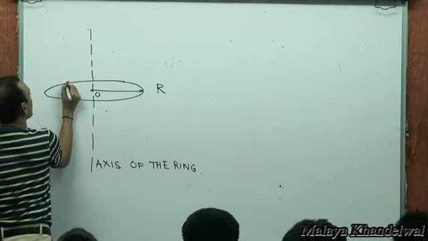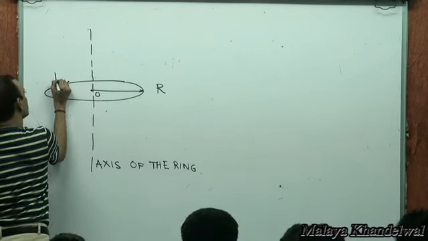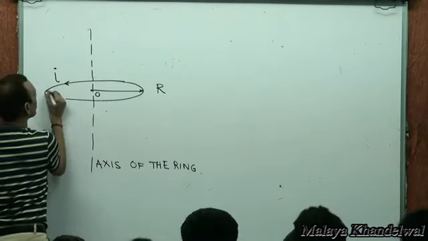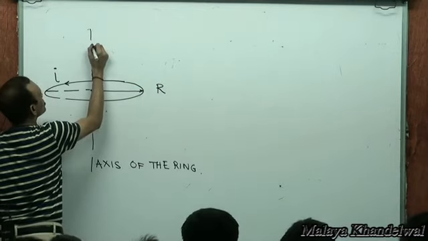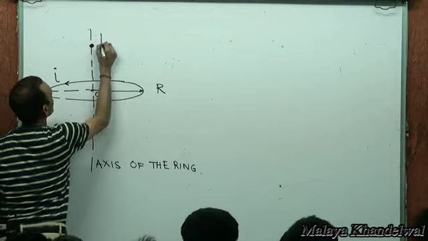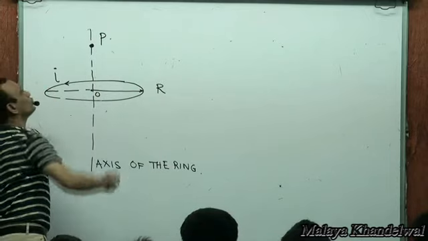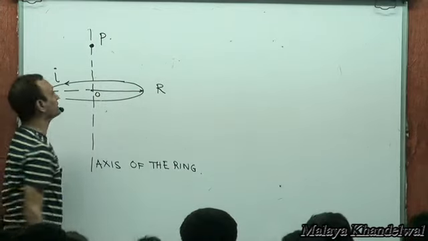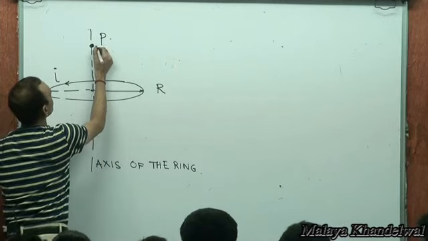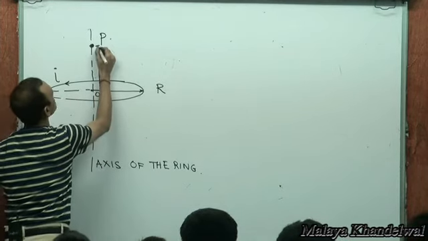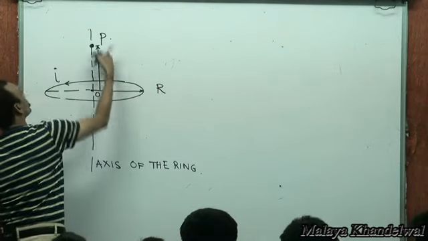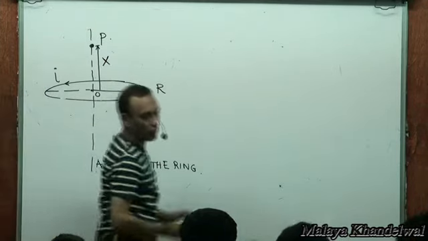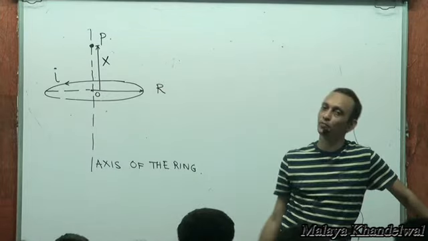And say this ring carries a current I. At a point P of this ring, I want to be able to compute the magnetic field. This P is located at a distance x along the axis from the center of the ring. The location is x units from O along the axis, such is the location of the point P.